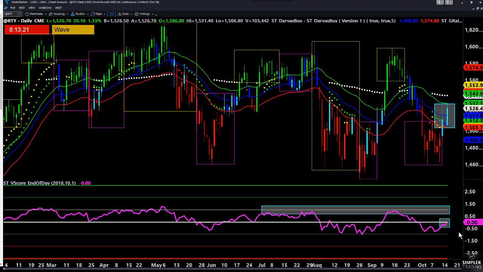In the V-score, when has price wandered too far from its normal operating temperature? From a support standpoint, when we get down to a -1 standard deviation on the V-score, that's about as low as this market's willing to go, as evidenced by these previous lows.